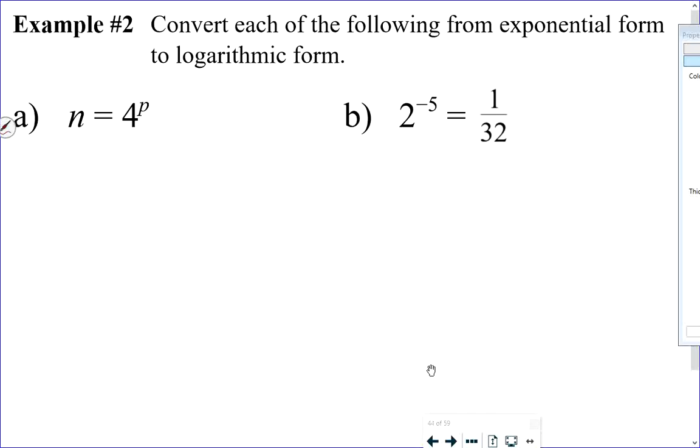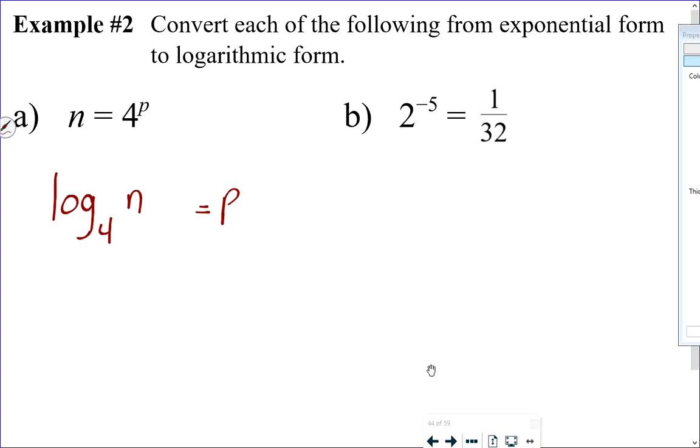So, convert each of the following from exponential form to logarithmic form. Well, this will be a base 4 logarithm. And the base 4 logarithm, the whole thing is equal to the exponent. So this will be equal to p, which means the argument of the logarithm is n. I want to point something out to you.